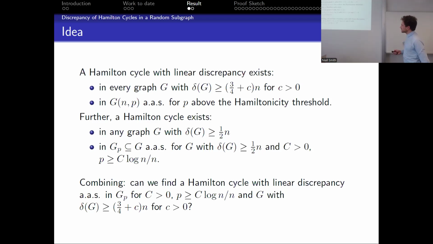So what we've done is we've taken, you can see, the threshold probability that we're asking for is from here. The host graph minimum degree is from Balogh, and the methods that we're going to try and use to show it are from this result here.